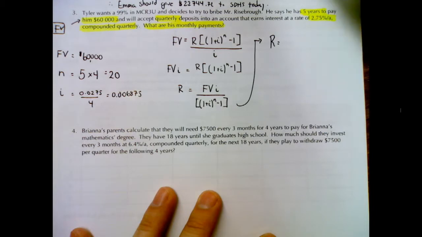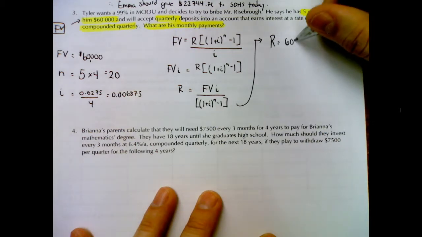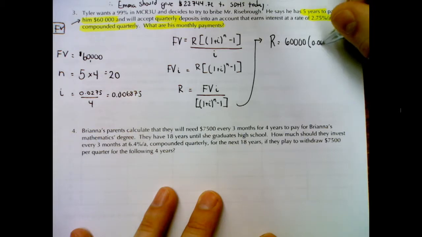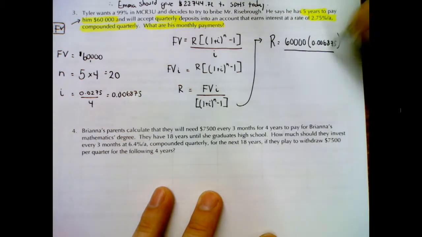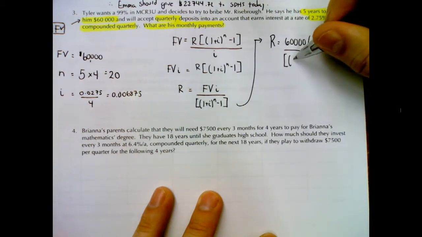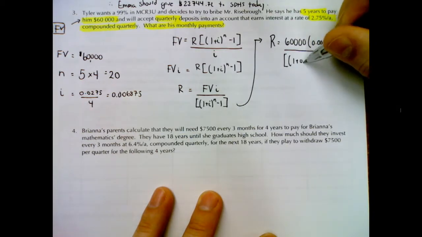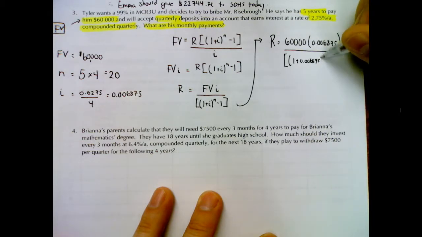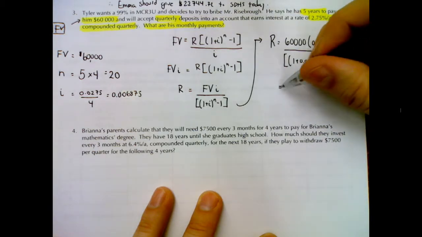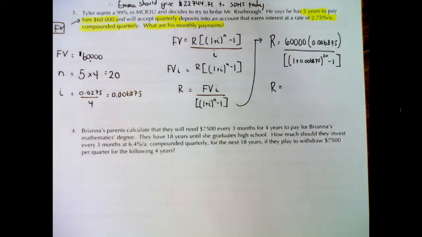R is equal to 60,000 times 0.006875 divided by (1 plus 0.006875) to the 20, minus 1. And let's try punching that whole thing in our calculator.